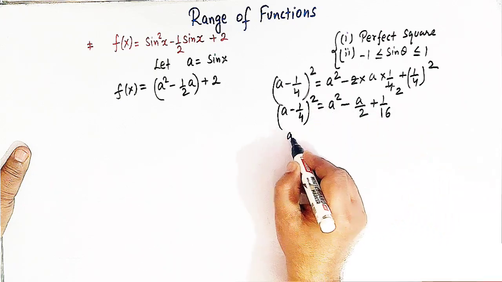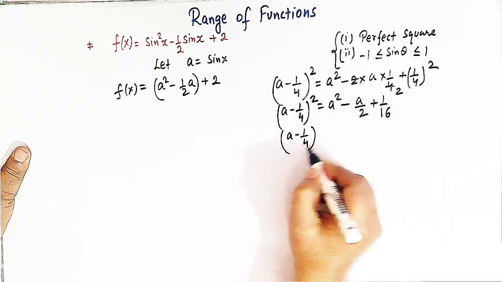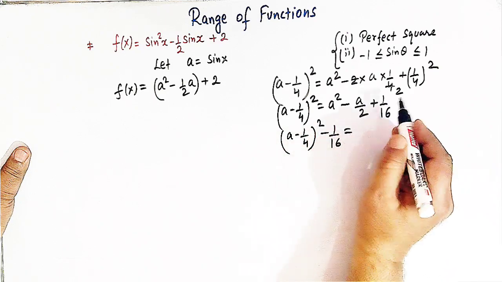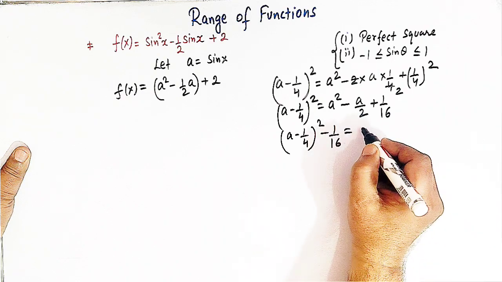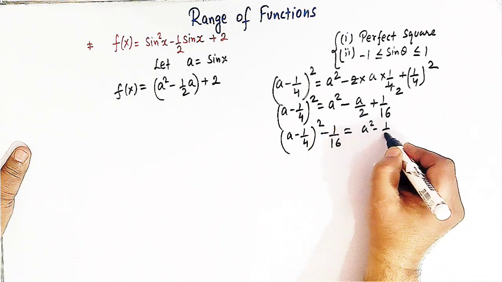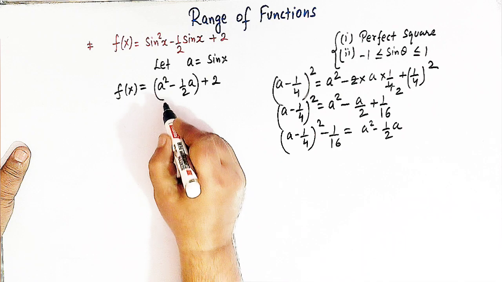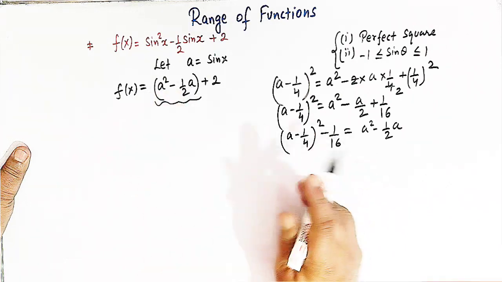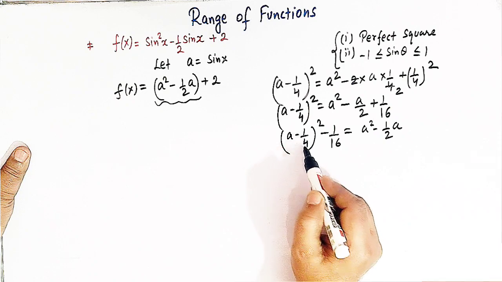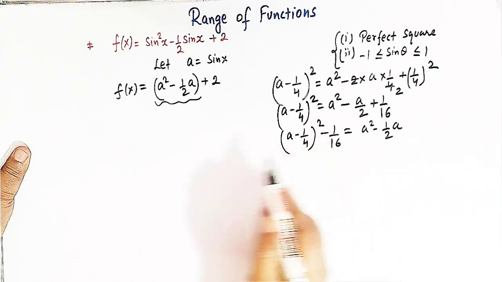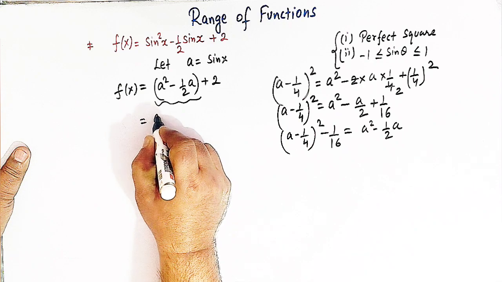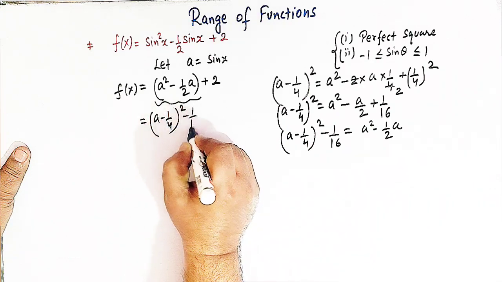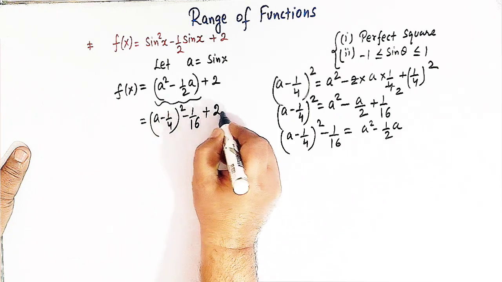Now we can write a minus 1 over 4 square minus 1 over 16, taking this term to the left hand side, equals a square minus half a. So we can substitute the value of a square minus half a as a minus 1 over 4 square minus 1 over 16. So here we have a minus 1 over 4 square minus 1 over 16 plus 2.